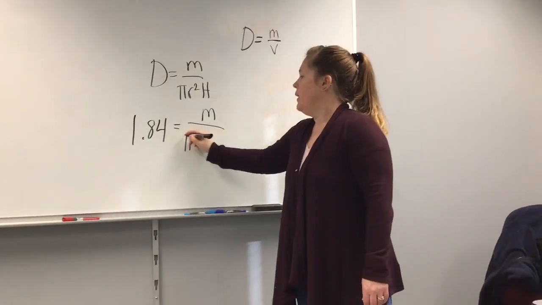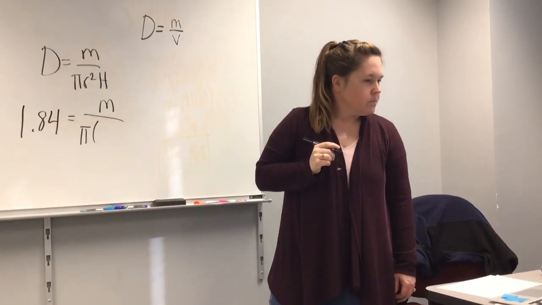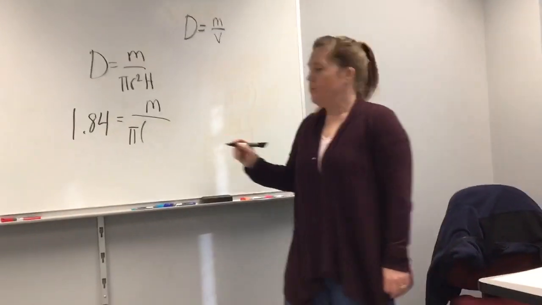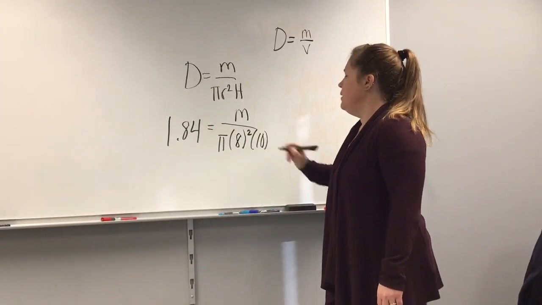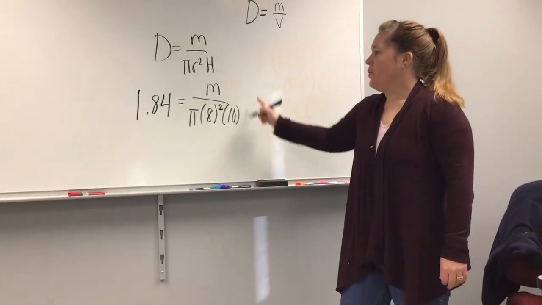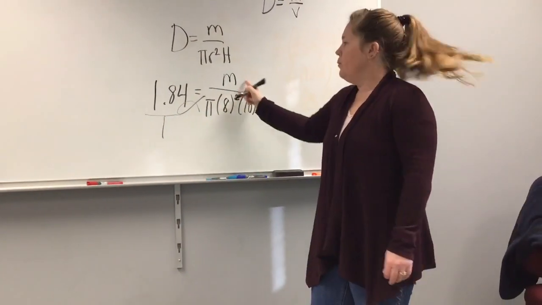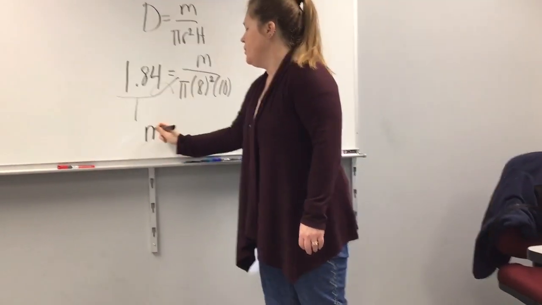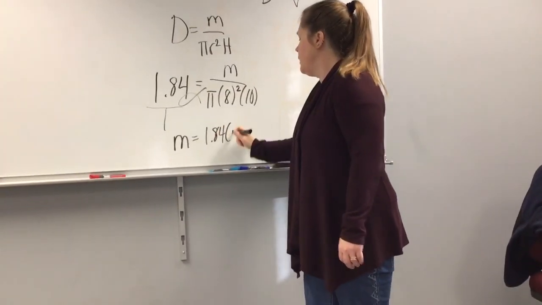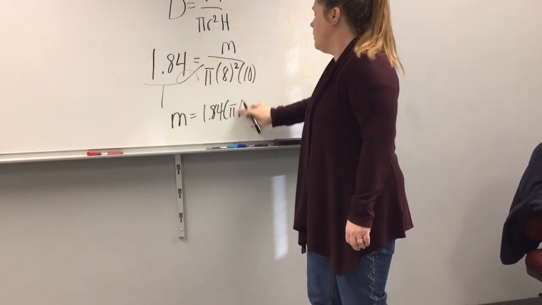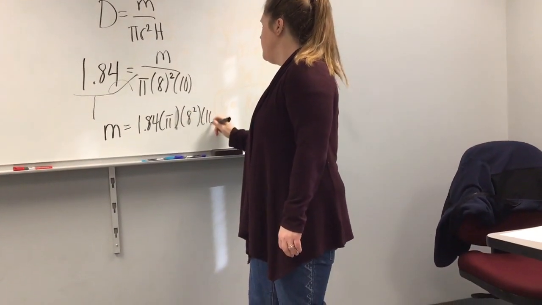We have pi times, does it tell us the radius? Yes, the radius is 8. And it's filled to a height of 10 centimeters. So we can put this over 1, we can cross multiply these, and we will be able to solve for m. So m is going to equal 1.84 times pi times 8 squared times 10.